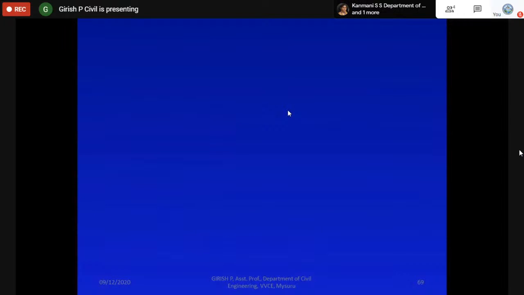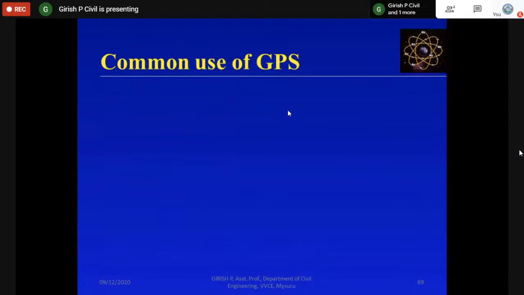Earlier, GPS was utilized only for defense purposes or defense related activities. But nowadays, GPS is available for common civilian usage. Everywhere, for locating a vehicle, tracking a vehicle, or route systems, we use these GPS devices.